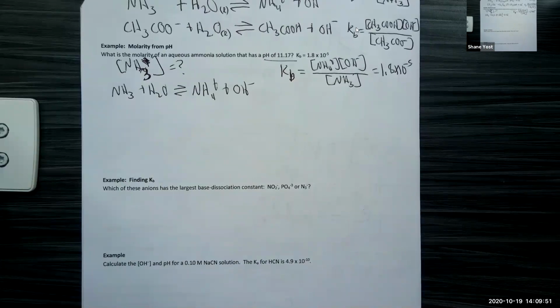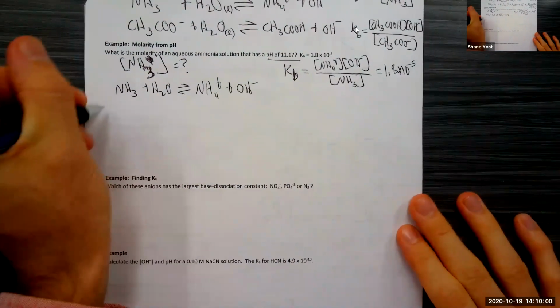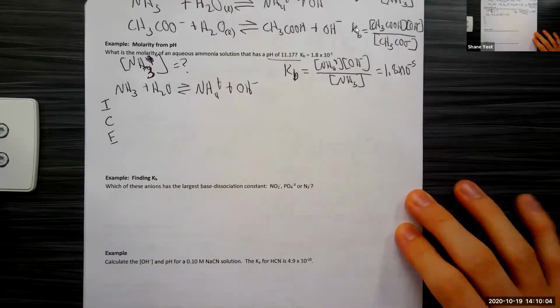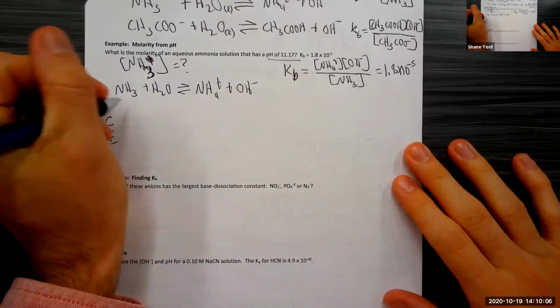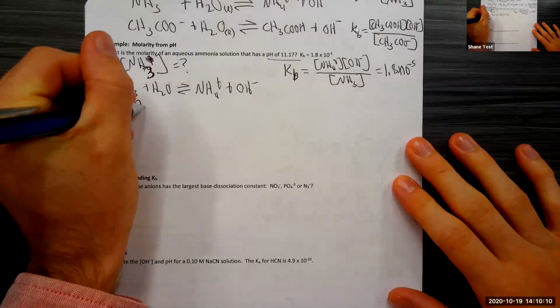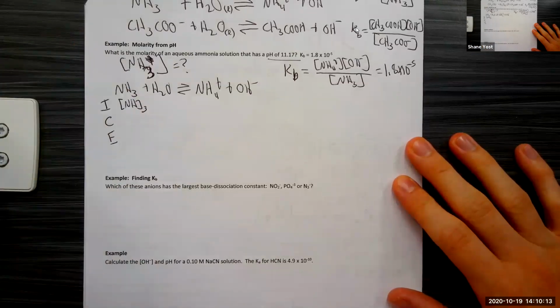Well, I have a problem that involves an equilibrium reaction, and so it's most likely going to involve an ICE table. So let's write out our ICE table here. For the initial value of NH3, I'm just going to put the concentration of NH3, because we aren't actually given that.